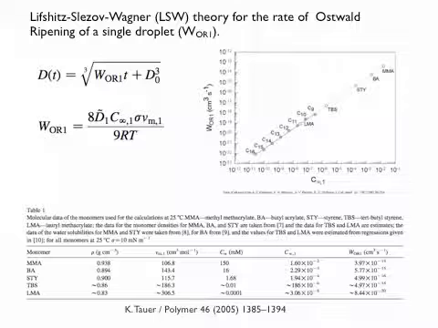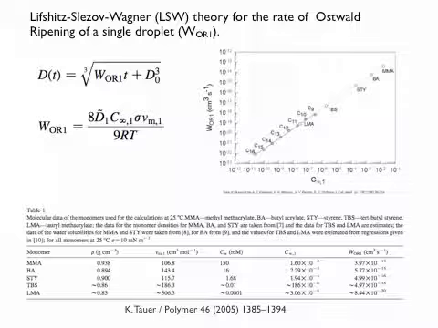And people have measured this for a large range of materials, so I've put a graph in there from a paper. I've referred to the paper at the bottom there. And then for a range of monomers in this case, they've done methyl methacrylate, butyl acrylate, styrene, and the most hydrophobic one being lauryl methacrylate, putting all these equations in there and calculated the rate of Ostwald ripening.